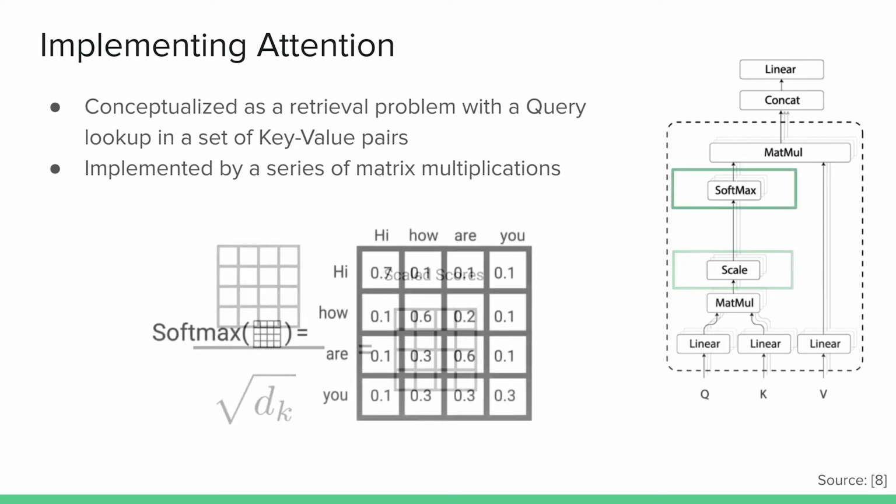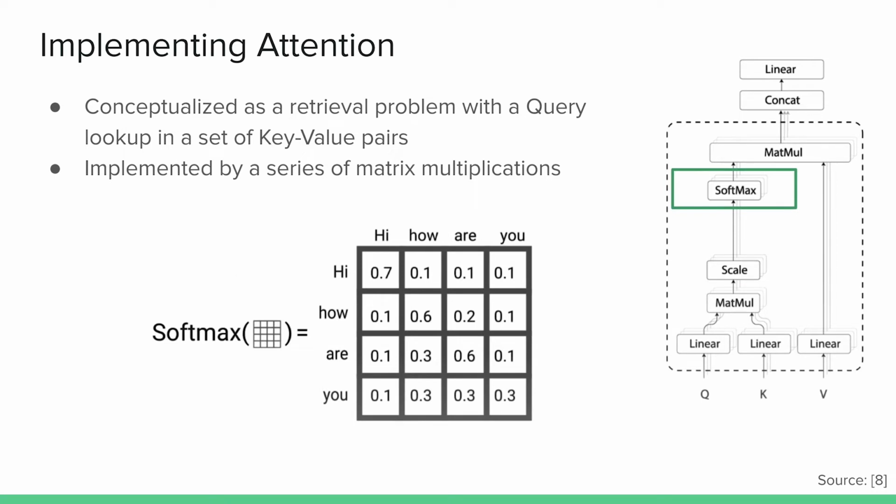And ultimately, those scaled scores we feed through a softmax function that computes normalized values that resemble a probability distribution and give us high numbers for things that are related to each other, and low numbers, ideally 0, if they're completely unrelated to each other.